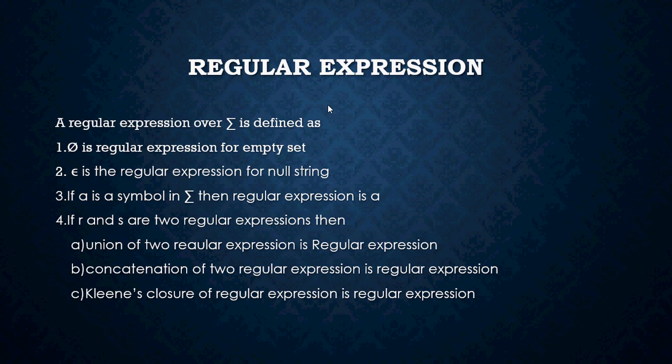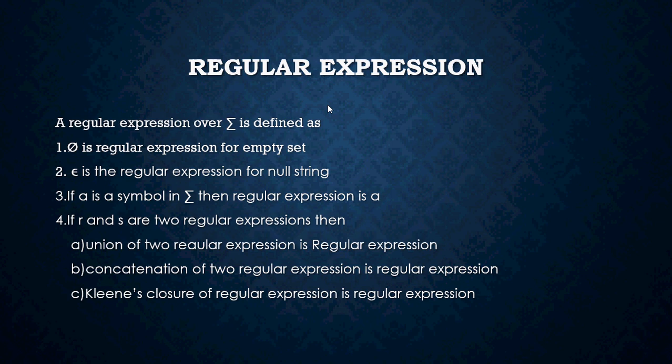If A is a symbol in sigma, then the regular expression is A. If you have two regular expressions R and S, then the union of regular expressions is a regular expression, the concatenation of regular expressions is also a regular expression, and the Kleene closure of a regular expression is also a regular expression. So all these three operations are closed under regular expressions: union, concatenation, and Kleene closure.